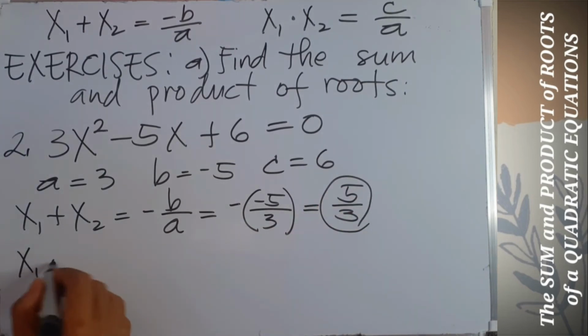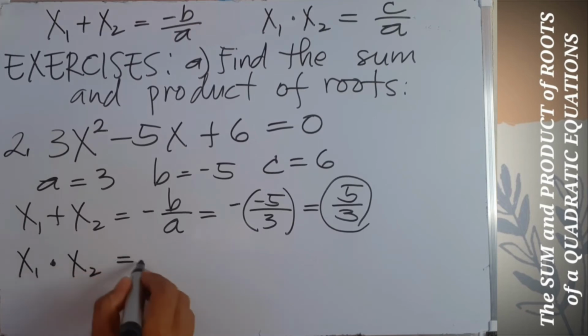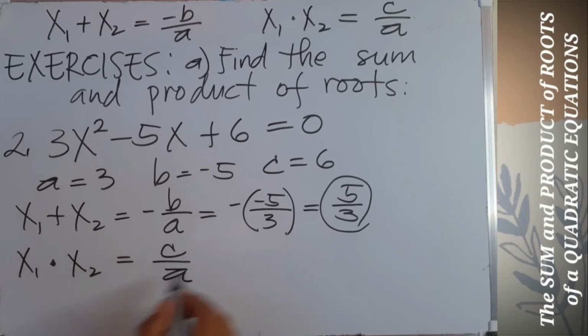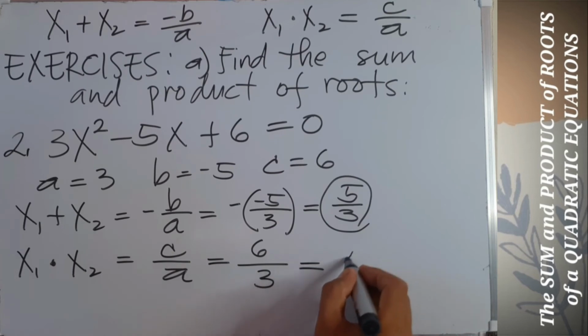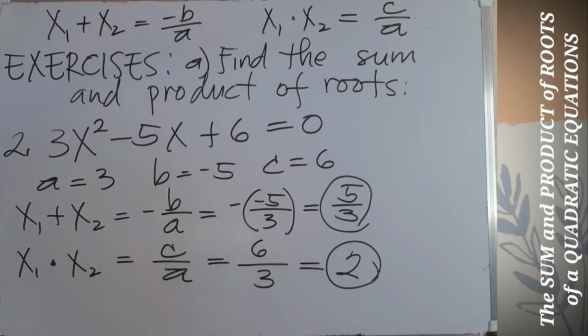How about the product? C over A. C is 6, A is 3, the product is 2.